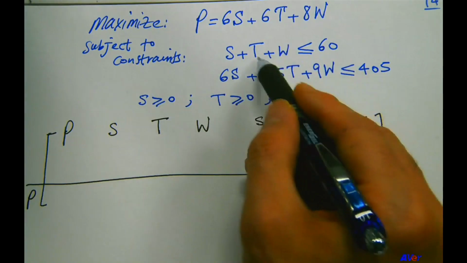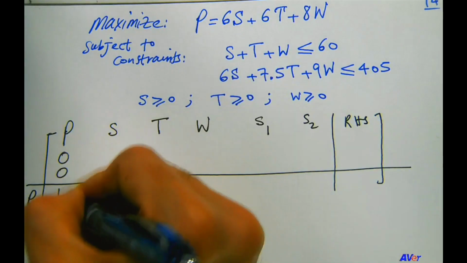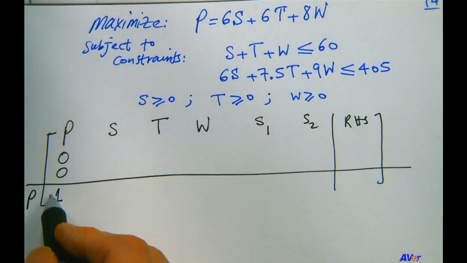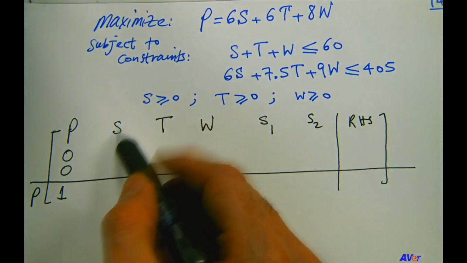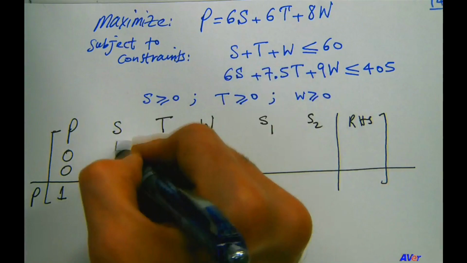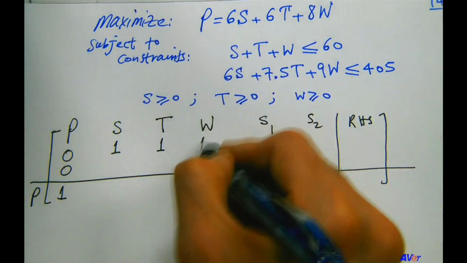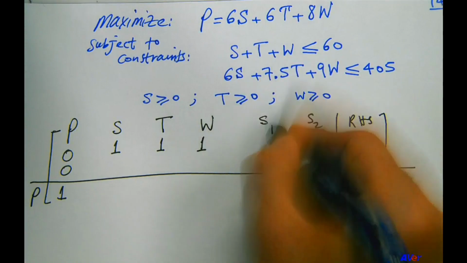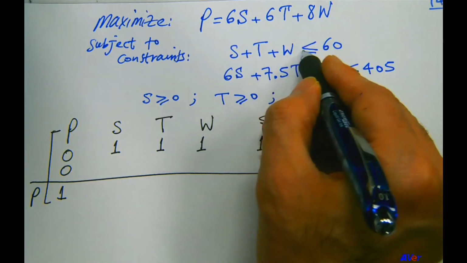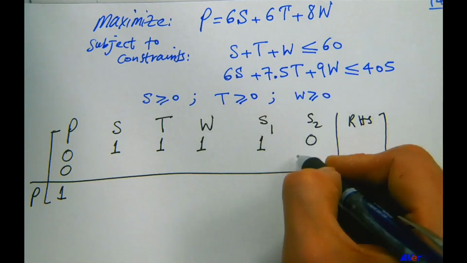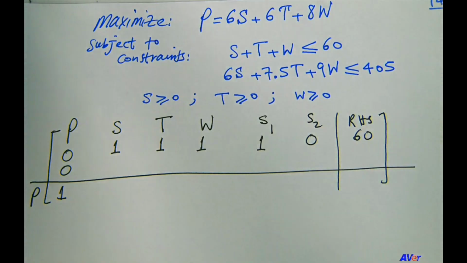Because there's no P variable in either of these constraints, we have 0, 0, and then 1 in the objective row. For the first constraint, we have 1, 1, 1. We're going to have an S1 in that constraint to convert this inequality to equality, 0 for S2, and of course 60 on the far right side.